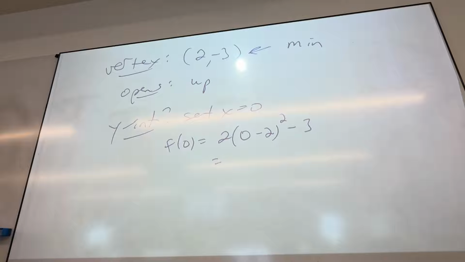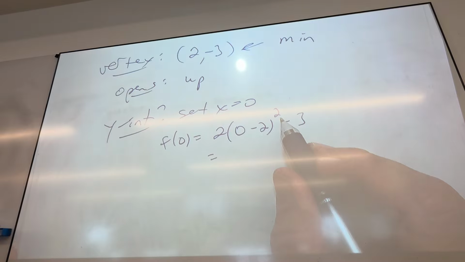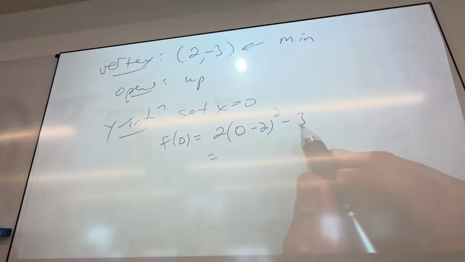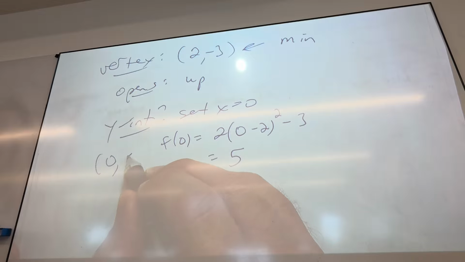This is where good old order of operations really kicks some of us, so we have to be careful. 0 minus 2 is negative 2, squared is, times 2 is, minus 3 is, yeah. So I know the y-intercept is 0, 5.